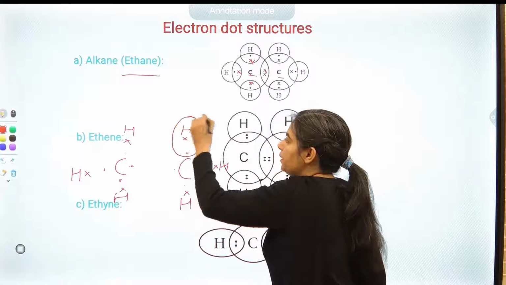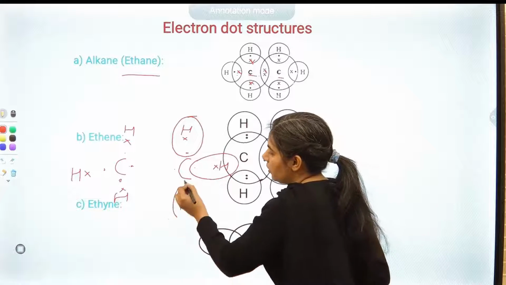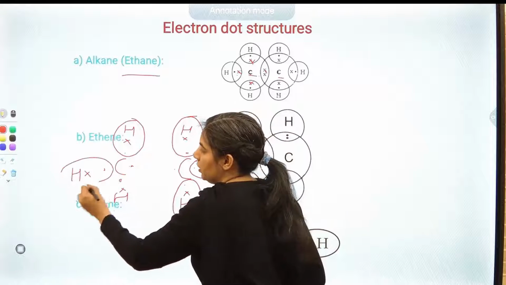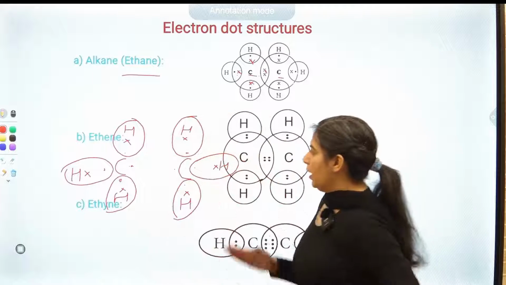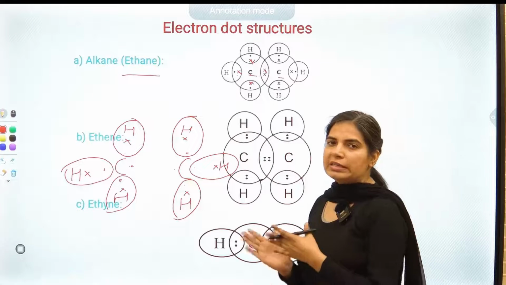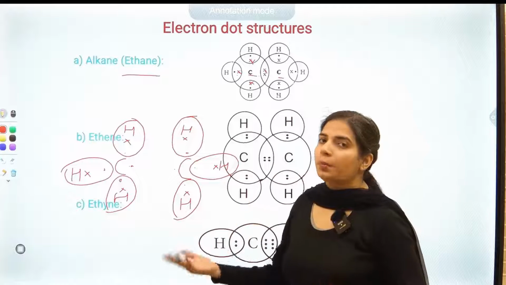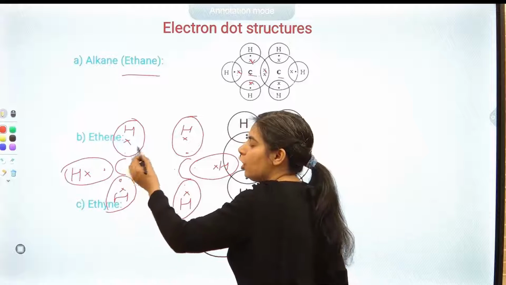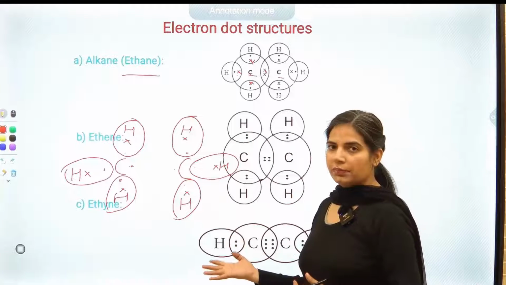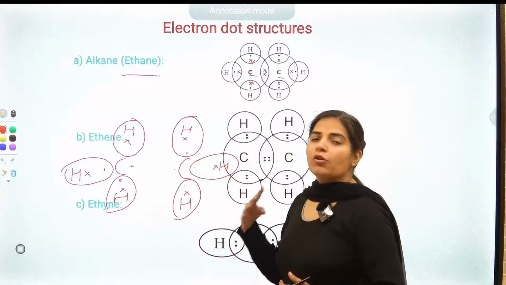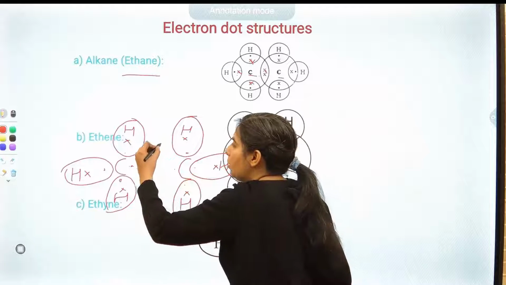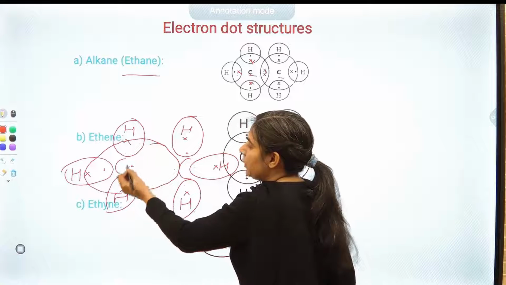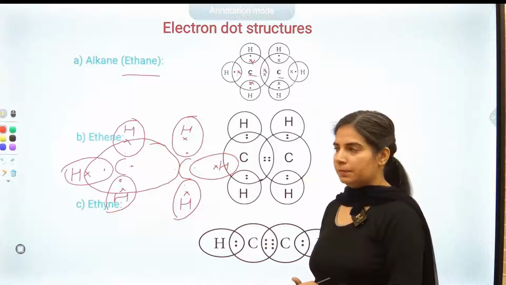Here, in order to complete the duplet, hydrogen is sharing the electron of carbon. Same here, and by that, hydrogen is able to complete its duplet. Now let's talk about carbon. Carbon has 4 electrons of its own, and needs 4 more. So carbon will share 3 electrons of the hydrogens and 1 electron of the neighboring carbon.